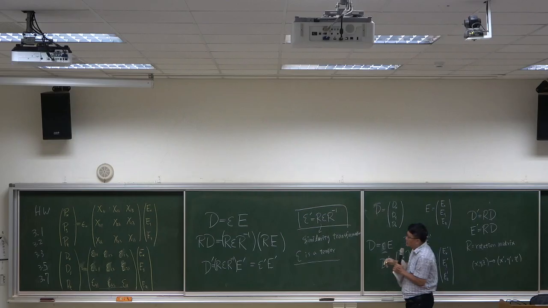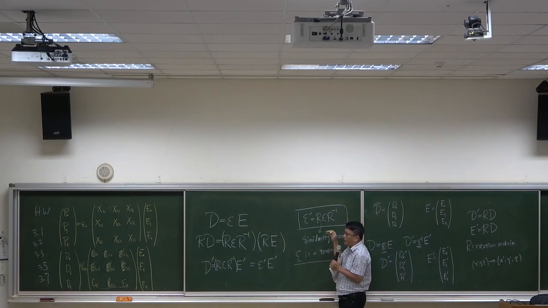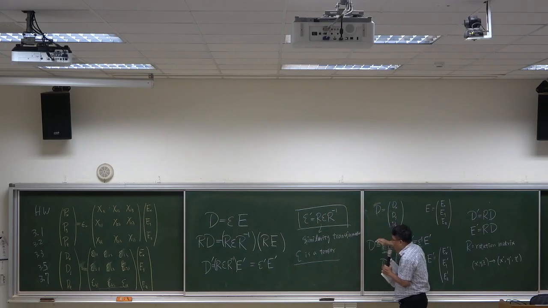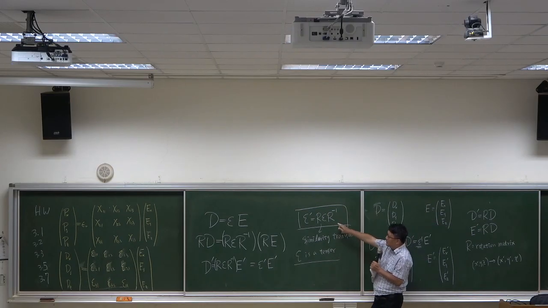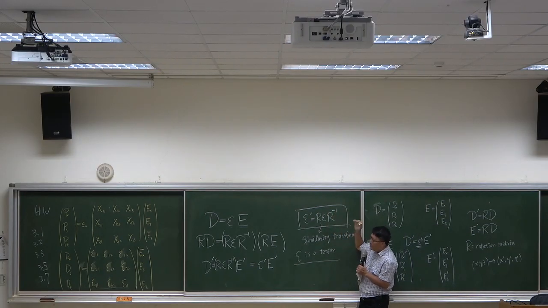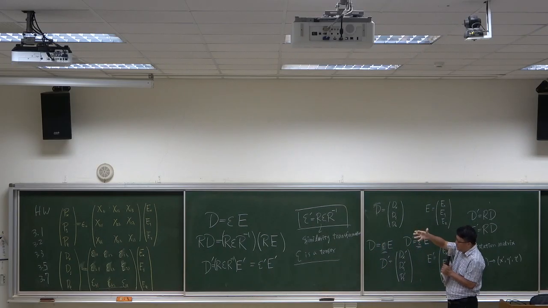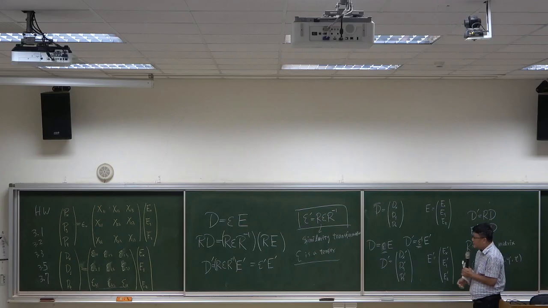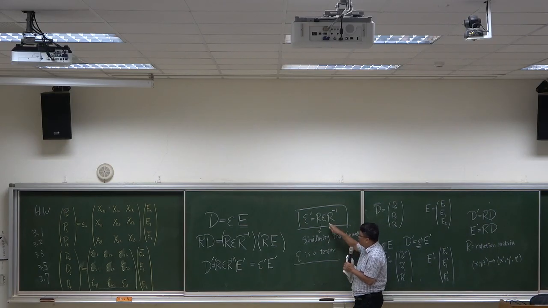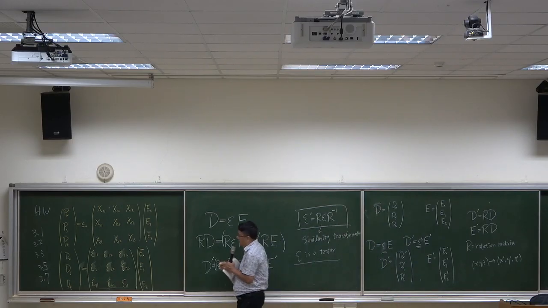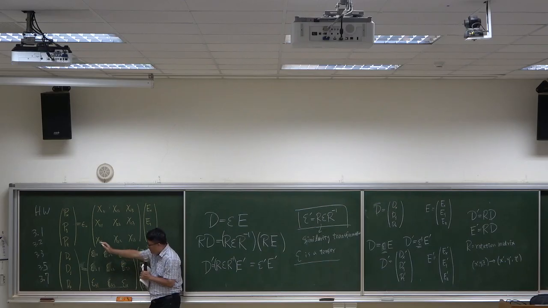And how about the so-called tensor? In fact, this is a so-called rank 2 tensor. For this rank 2 tensor, the transformation rule is this, okay? R epsilon R inverse. The R represents the coordinate transformation, the rotation, okay? So through this transformation, if we choose a proper rotation, we choose a rotation appropriately, then we can make this epsilon matrix diagonal.